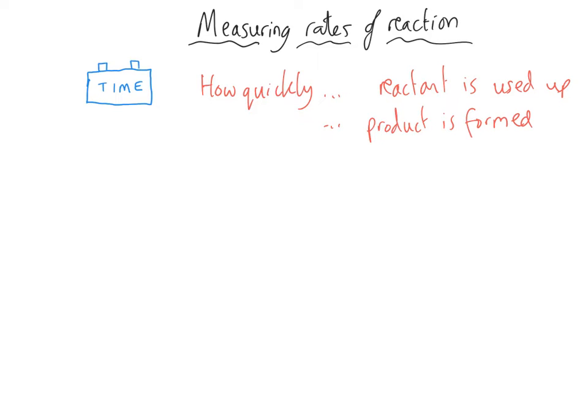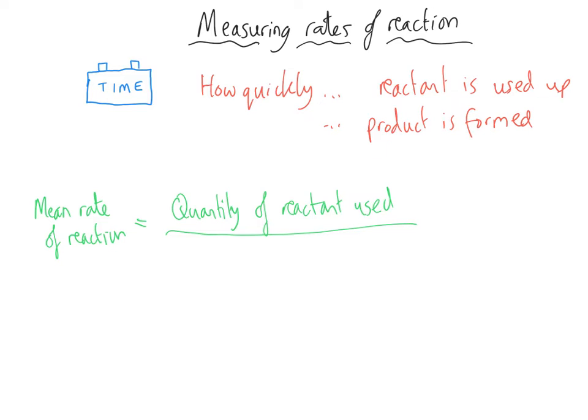They are very, very similar indeed. And first up then, the mean rate of reaction could be found by taking the quantity of reactant used and dividing it by the amount of time it took to make it.